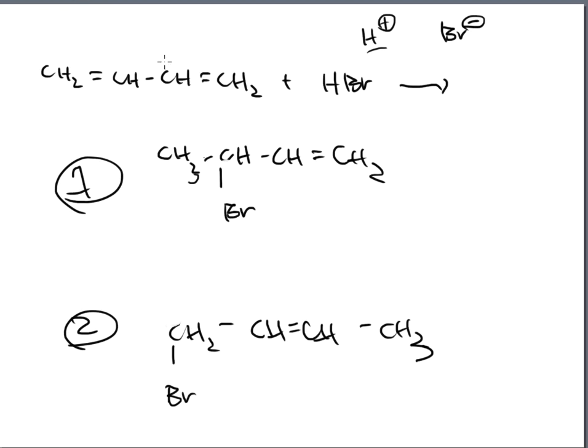If I had to name them, 1, 2, 3, 4, this is a butene. Carbon 1 is the double bond. And carbon 3, I have a bromo group. Down here in spot 2, 1, 2, 3, 4, it's still a butene. This is happening at carbon number 2. And on carbon number 4, I have a bromo group. 3-bromo-1-butene? Or 4-bromo-2-butene?